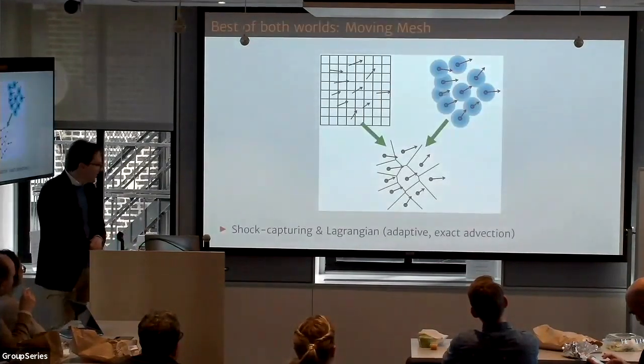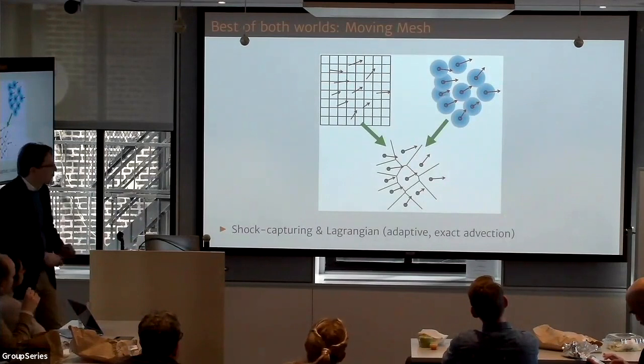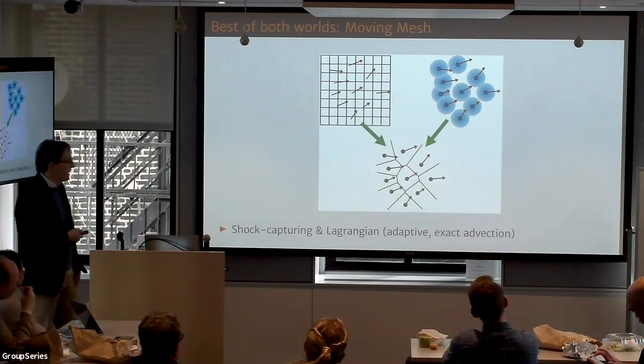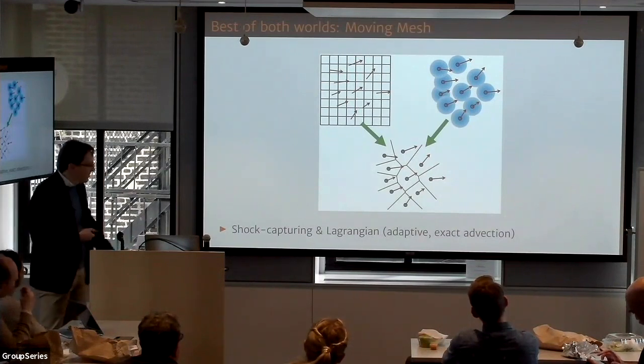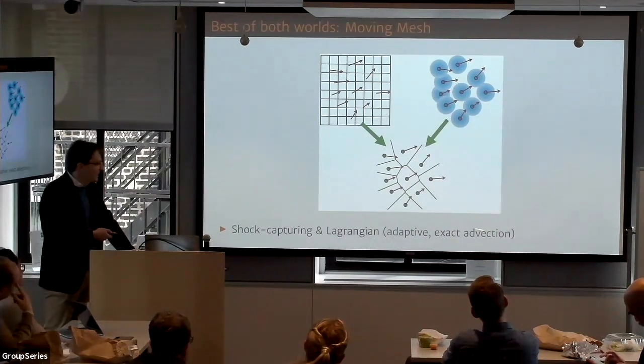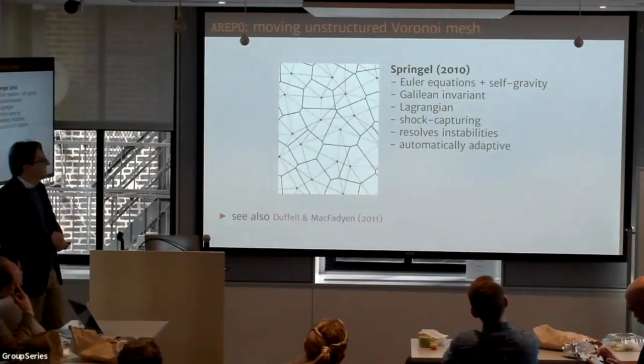And what I work on is an intersection of the two methods, a moving mesh framework, where we have these quasi-Lagrangian mesh generating points that adaptively change your mesh. Because of the finite volume nature, you can capture shocks quite effectively. So it's adaptive, and it can capture things like advection exactly without dissipation. So this code.